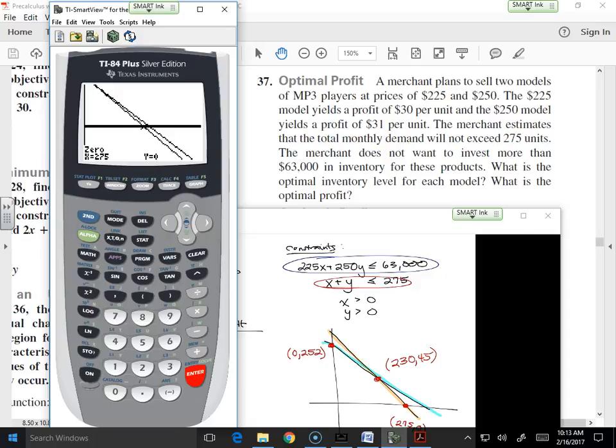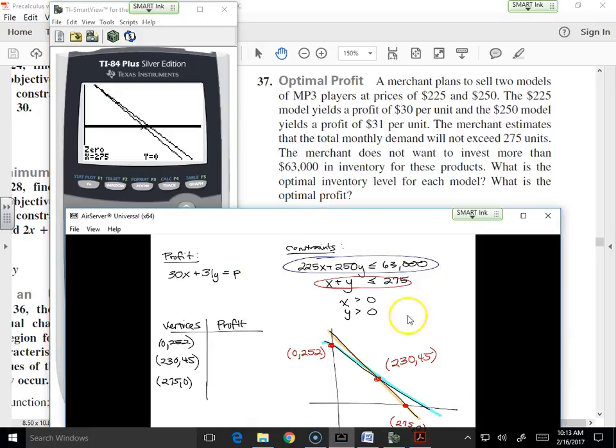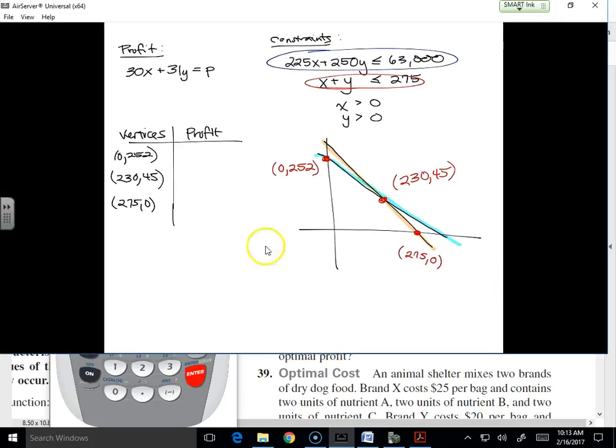Anybody have the numbers to fill in real fast just so we can see it? What's the profit for the first one? Oh, you guys can't see it, sorry. 30 times x plus 31 times y?